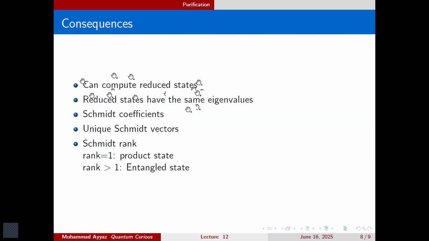And another consequence is that the states rho A and rho B, that are the reduced states of the systems A and B, of the larger system, both have the same eigenvalues, or we could say both reduced matrices have the same eigenvalues. And this makes information calculation very easy.